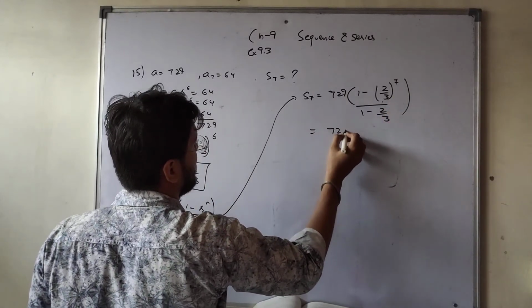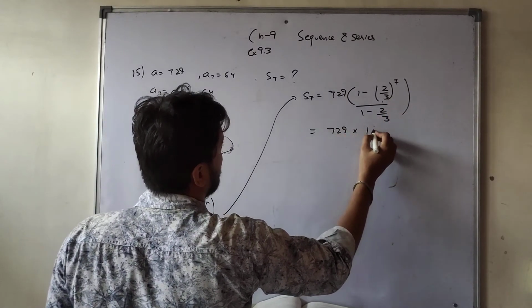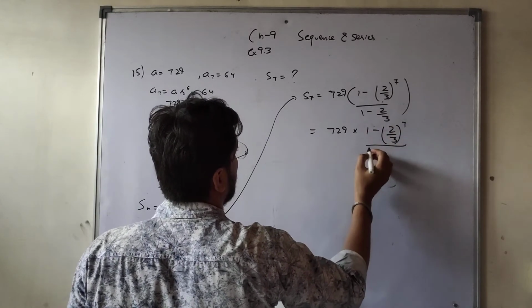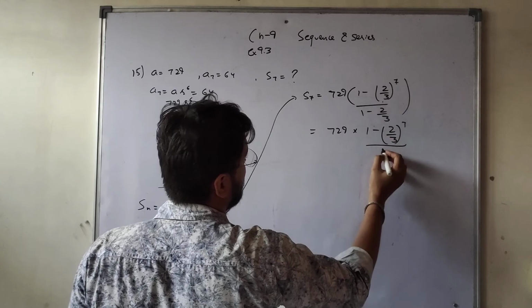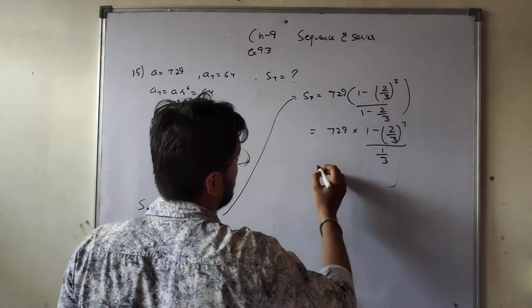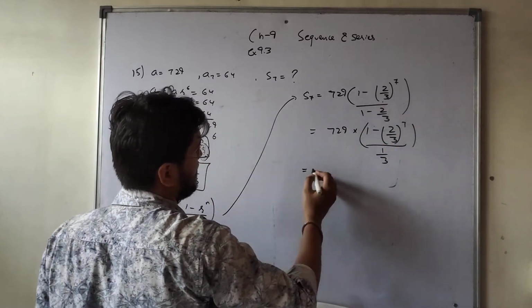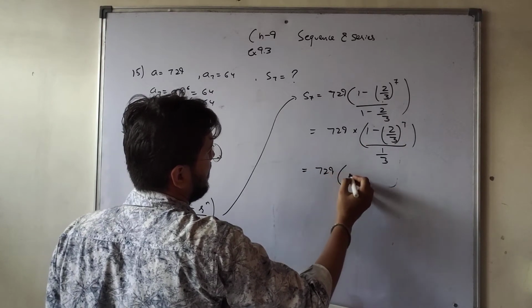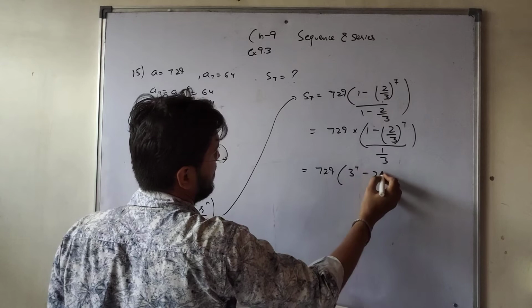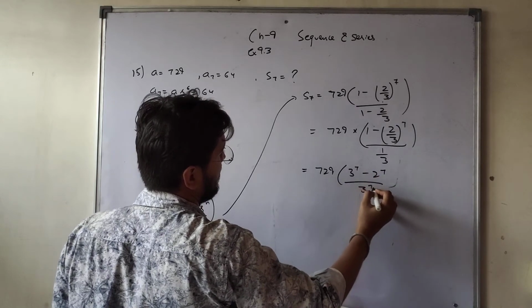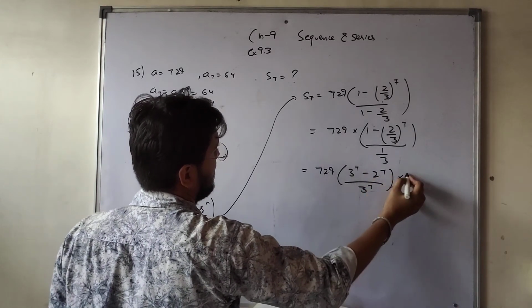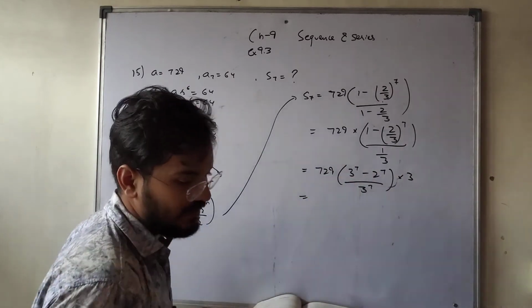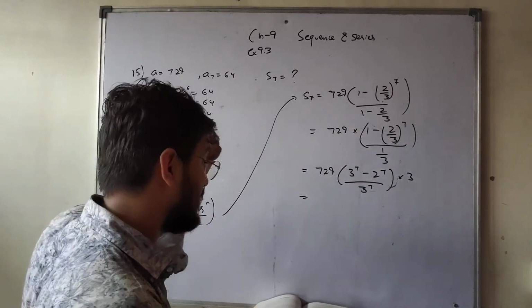So 729 times (1 minus (2/3) raised to the power 7) upon (3 minus 2)/3. Taking LCM, 729 times (3 raised to power 7 minus 2 raised to power 7) upon 3 raised to power 7, multiplied by 3. So just find out whatever the value is and put the values into it.